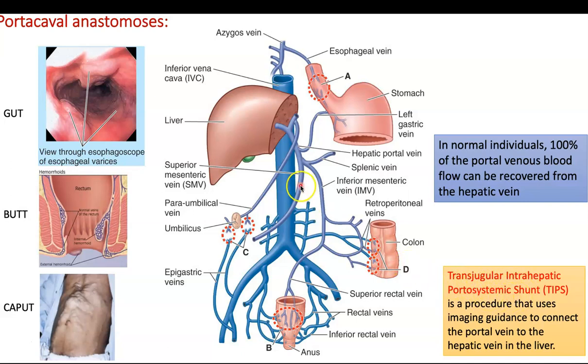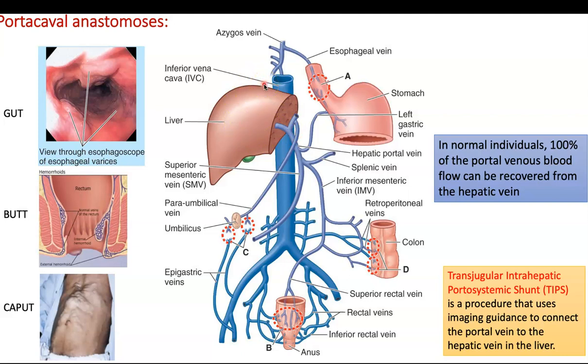In this process, what is done is to bypass the liver, because the liver is creating a problem by giving more pressure, more resistance to blood flow. So to avoid the resistance offered by the abnormal liver parenchyma, a bypass is made. The liver is shunted by connecting the portal vein to the hepatic vein in the liver, so that's how you bypass the liver, so the blood in the portal vein can still go into the hepatic vein.